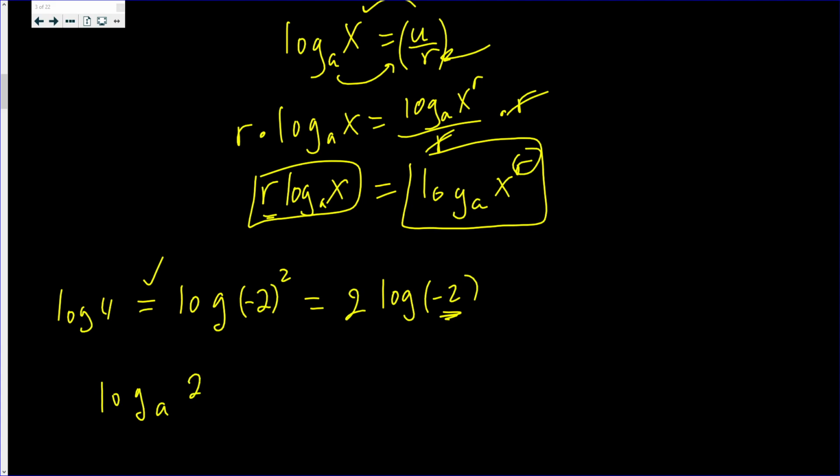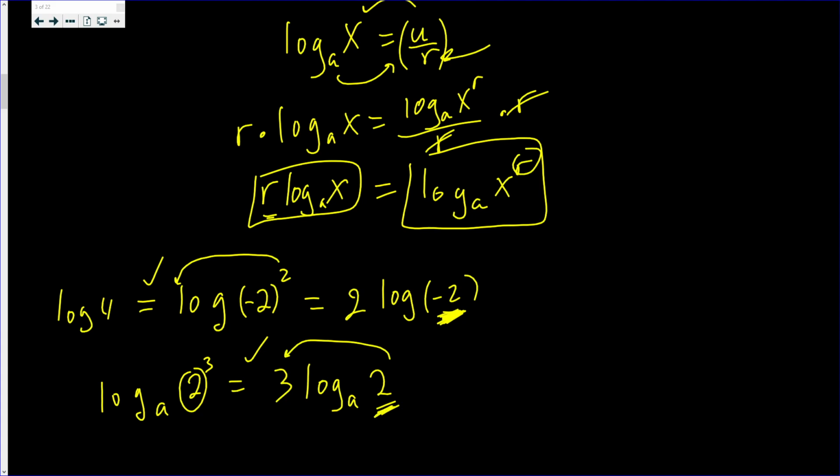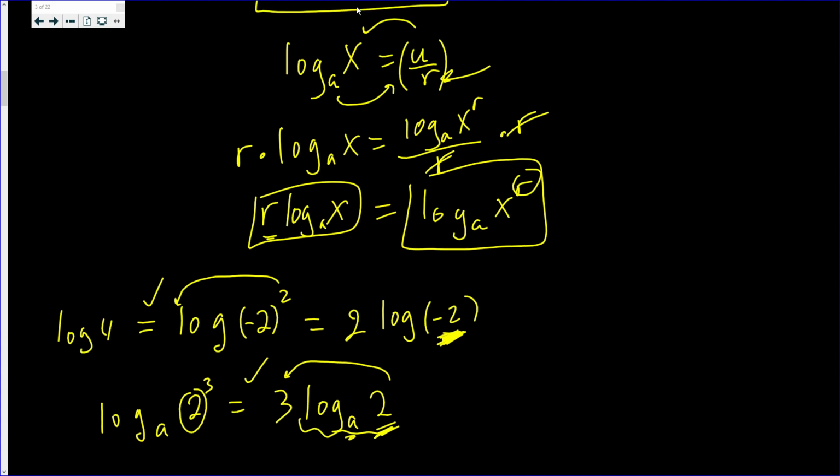If you have log of 2 cubed, it most certainly does equal 3 times log base a of 2. That is true. Just when you bring down the power, what's left over can't be negative or 0. So I can take the log of 2 for any base and then multiply that by 3. That is 100% allowed.